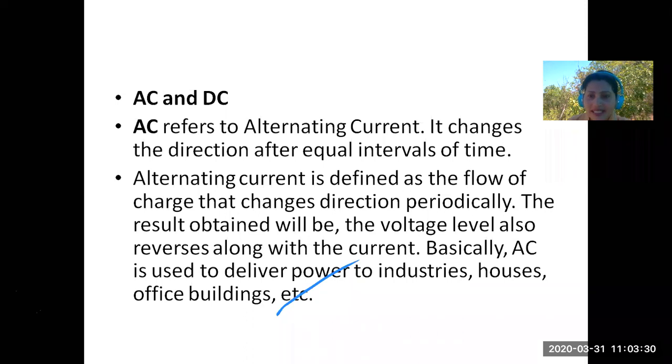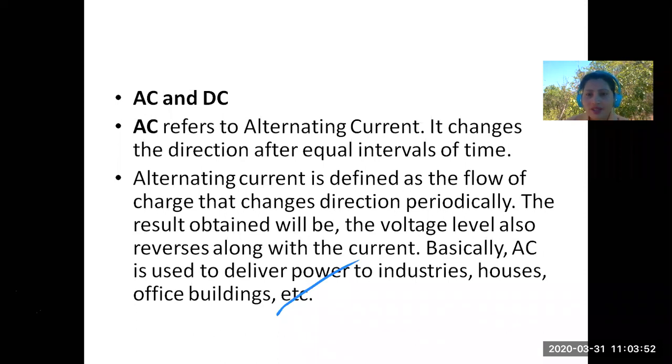Alternating current means it changes direction after equal intervals of time. When you plot the graph, it will be a wave kind of structure. So alternating current is defined as the flow of charge that changes direction periodically.